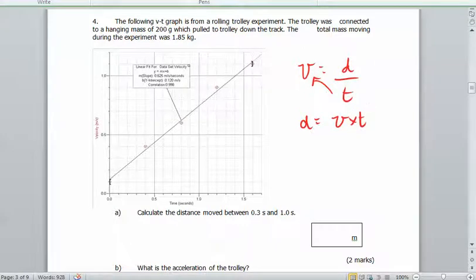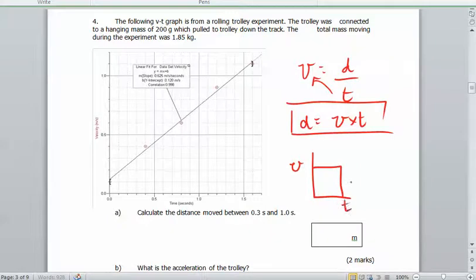Whenever you're doing that, make sure you look at this. Now, if this was a square graph, and this was velocity and this was time, then the area under that would be velocity times time. It's not always a square graph though, is it? Sometimes we have to find an area of a triangle.